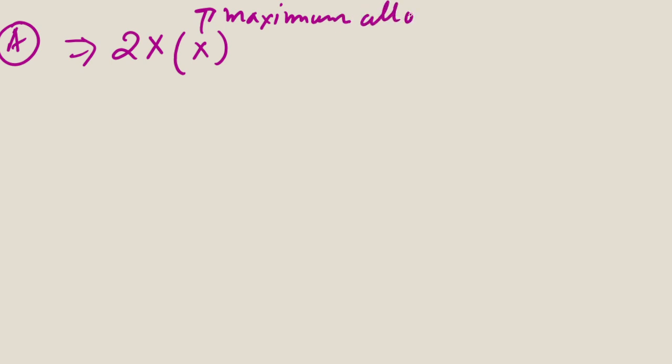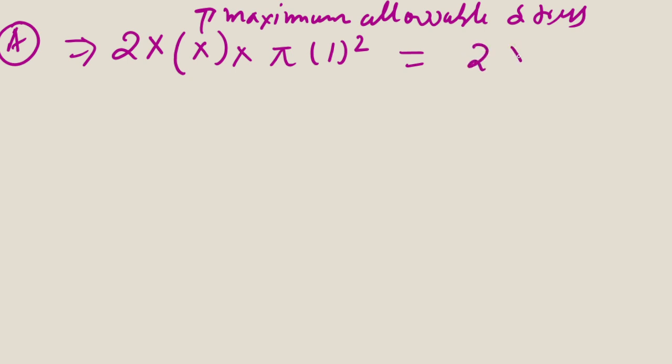Two wires means 2 into the maximum allowable stress, let's indicate it with X, into the cross sectional area, that means pi, and the diameter is 1 square. So overall it will be 2x pi.